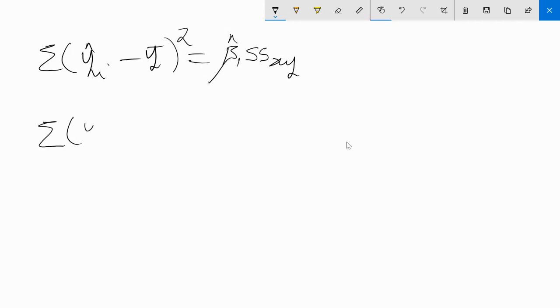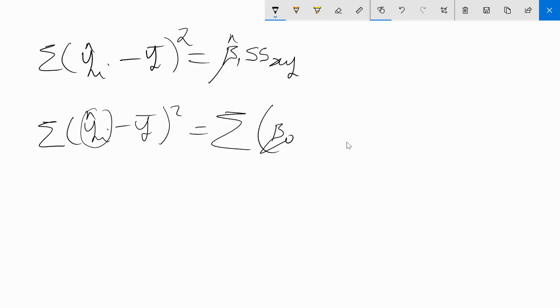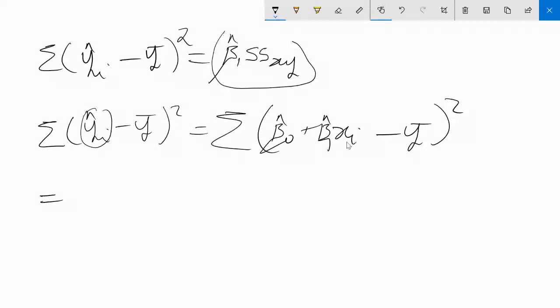So we are here, yi hat minus y bar squared. This is a simple proof. We know that this part is equal to beta 0 hat plus beta 1 hat xi, then we have minus y bar squared. As you can see here, we don't want beta 0, we want beta 1, which means we have to change beta 0 there. That's how to get these proofs.